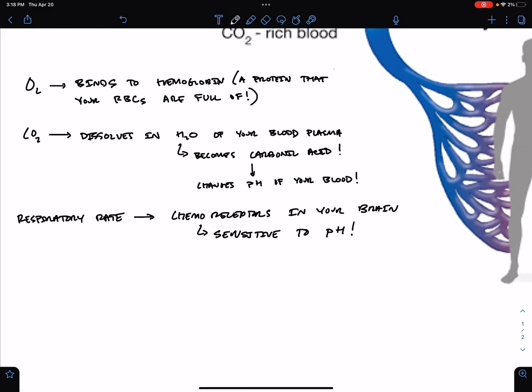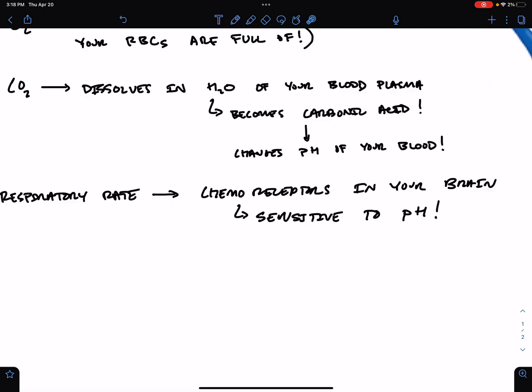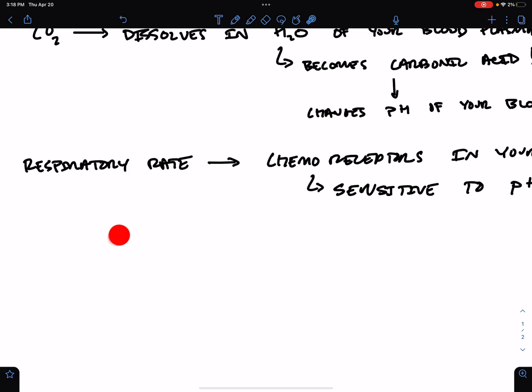Dyslexia. Okay, so chemoreceptors are sensitive to the pH of your blood. And what's determining the pH of your blood is how much CO2 is dissolved in it. So if you have acidic blood, then your brain is going to send a strong impulse to breathe.